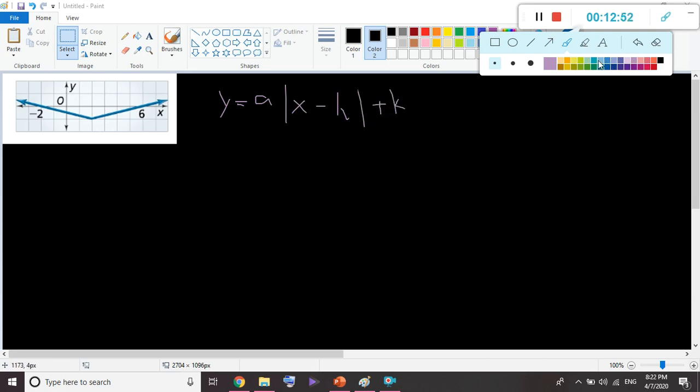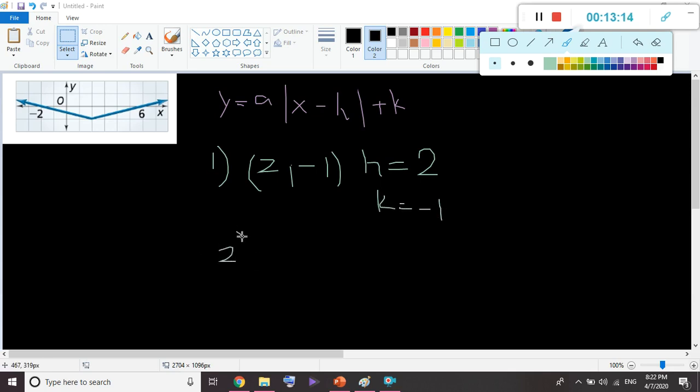So we can easily know the vertex here from the graph, which is 2, -1. So the vertex is going to be 2, -1. It means we found h as 2 and k as -1.